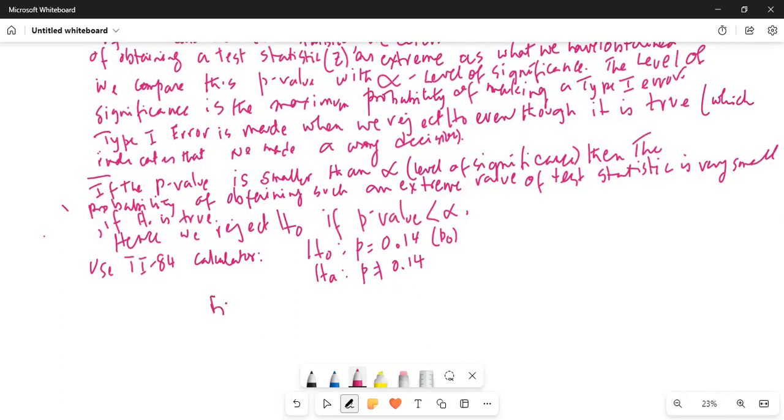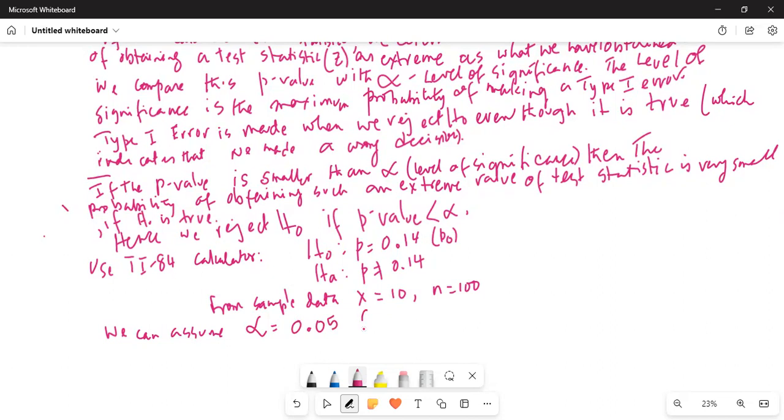From sample data, x, which is the number of successes, is 10, and the sample size is 100. Alpha we can assume is equal to 0.05.